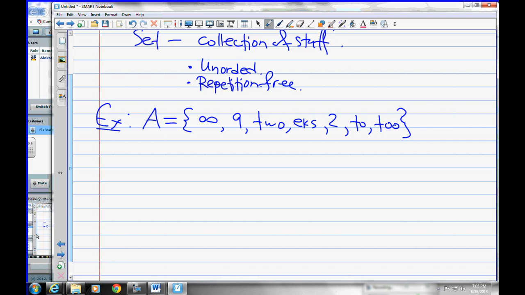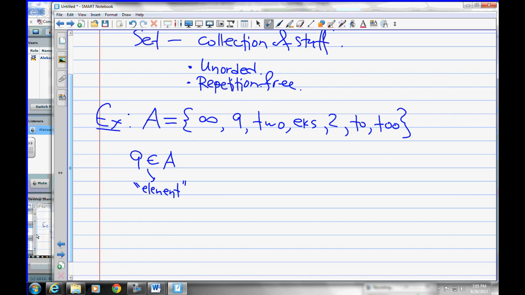So there's a special notation. If I want to say that 9 is an element of this set, we have a special symbol that means element of, or belongs to. So 9 is an element of A, or 9 belongs to set A. That little symbol stands for element. How many L's are in element? Just one. Yeah, seems like just one. There are 2 R's in unordered, though.